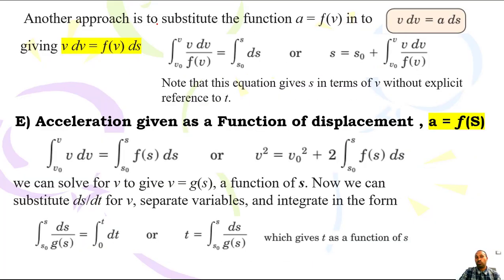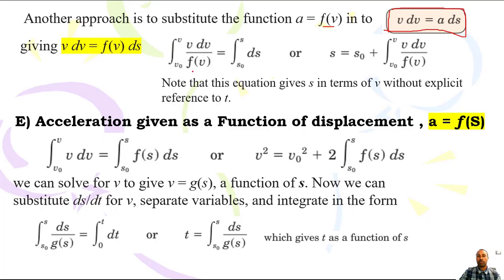Another approach is to substitute the function a equals f of v in v dv equals a ds. Then v dv is equal to f of v ds. Instead of acceleration, you substitute f of v. Then you integrate both sides, so you have ds equals v dv over f of v, from v naught up to v.